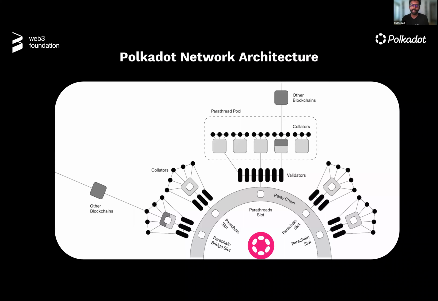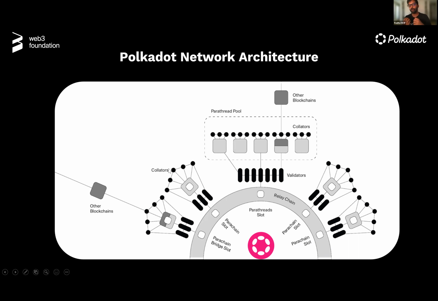A brief overview of the architecture. Polkadot is a layer 0 blockchain. Being a layer 0 blockchain, it can host layer 1 blockchains right here. All of these are parachains. Parachains will have their own nodes, but they're not going to be validators like what we have on Polkadot. They're called collators.